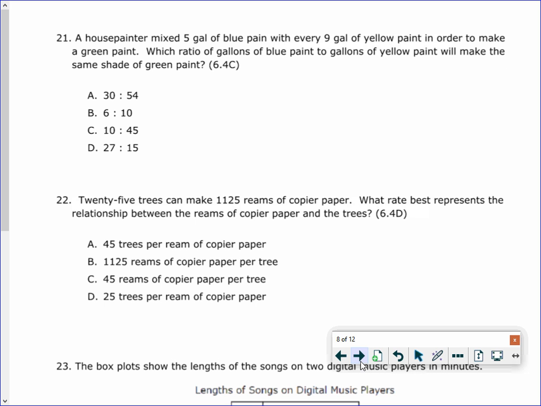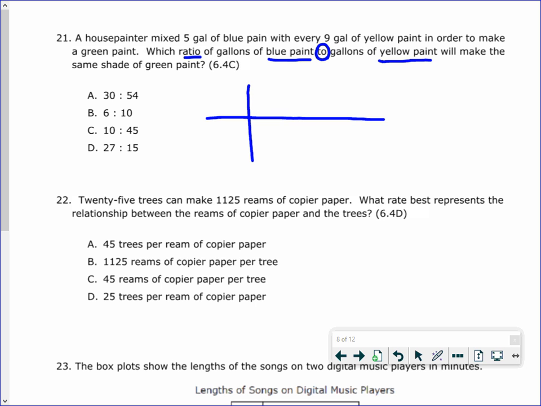Number 21, a house painter mixed 5 gallons of blue paint with every 9 gallons of yellow paint in order to make a green paint. Which ratio of gallons of blue paint to gallons of yellow paint will make the same shade of green paint? All right, so we are looking for a ratio of blue paint to yellow paint.